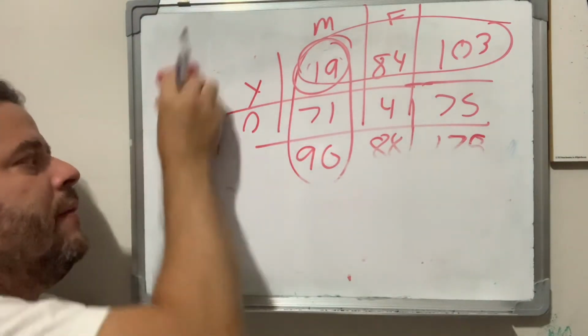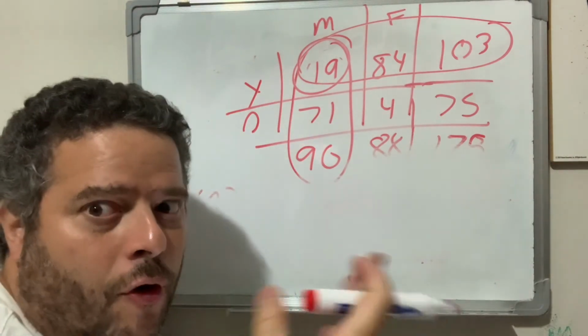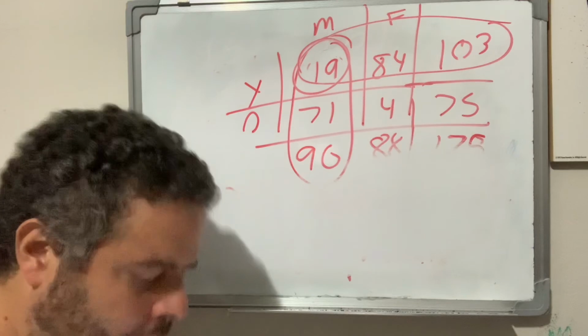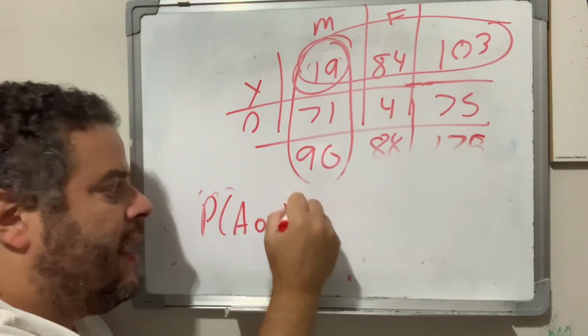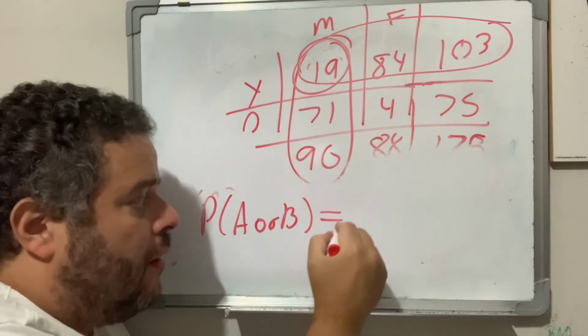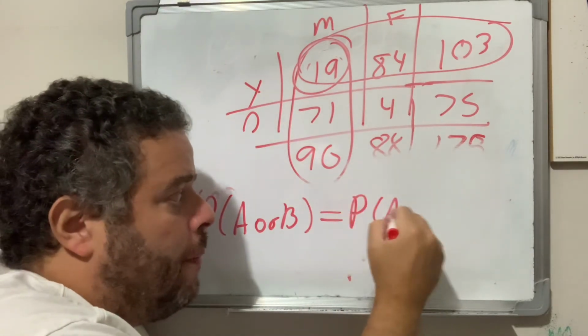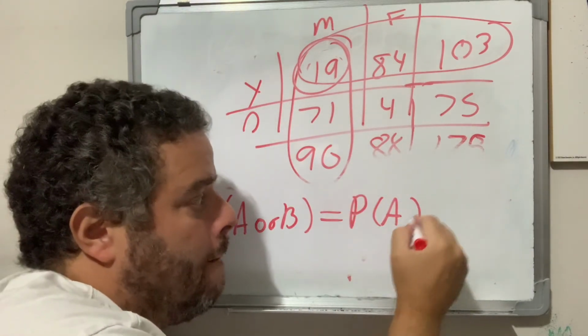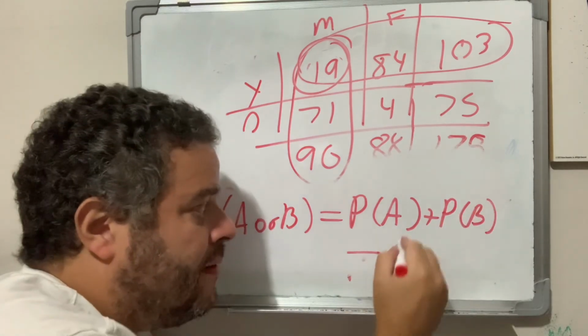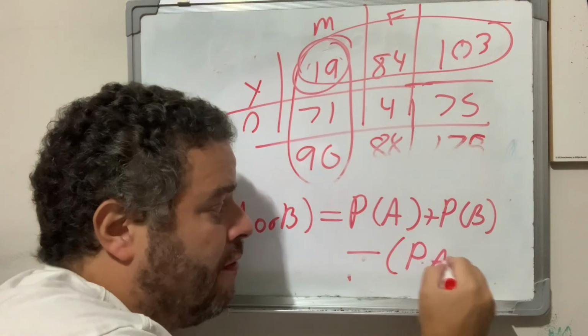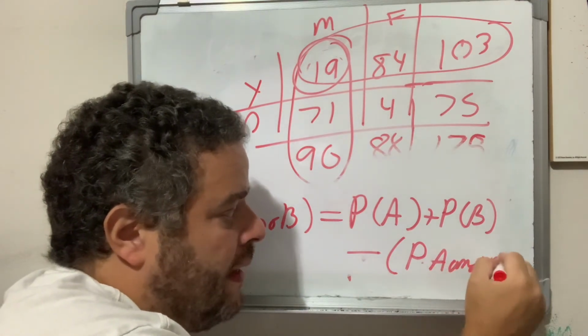The formal formula to calculate this is given in the book. And it says the probability of A or B happening, all you have to do is the probability of A plus the probability of B minus the probability of A and B happening.